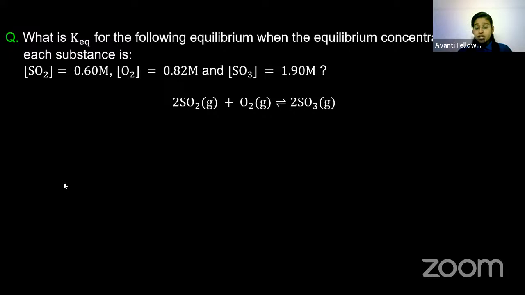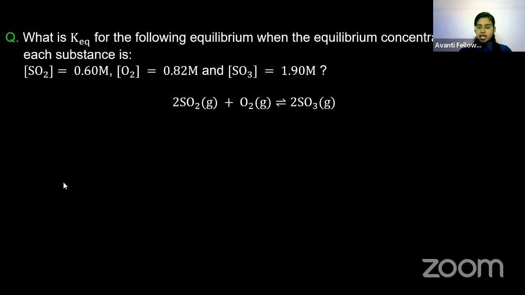What is Keq for the following equilibrium, when the equilibrium concentration of each substance is given and the reaction is also given? We have to find out the Keq. So how will you find the Keq value for this reaction?